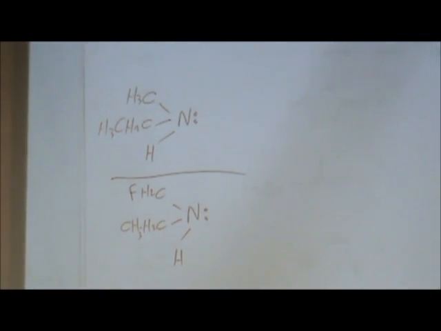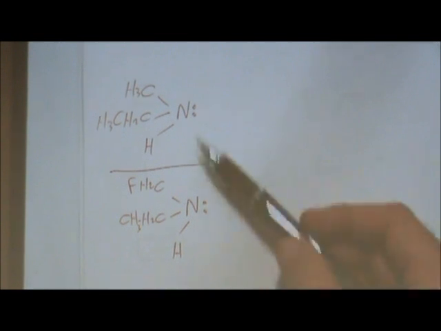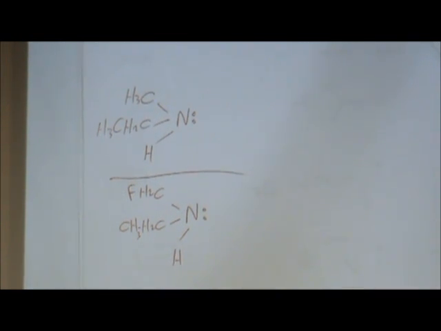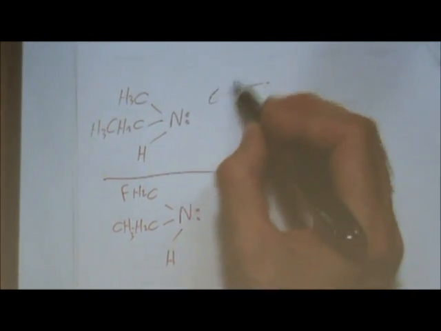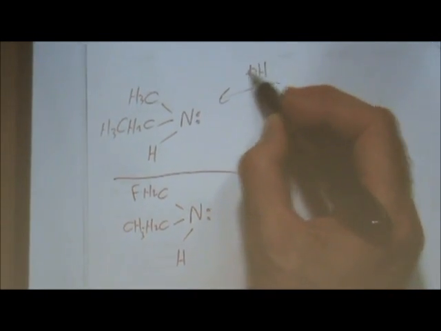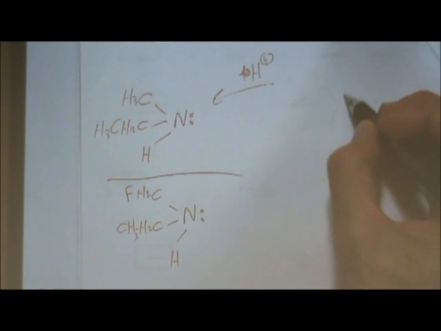Okay, so the question on here is you have two bases, right? Why they are bases? Because they can pick up a proton, right? There's electrons here, and they can pick up a proton, and they can go into an ammonium ion.